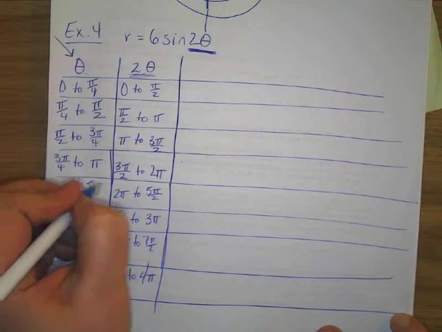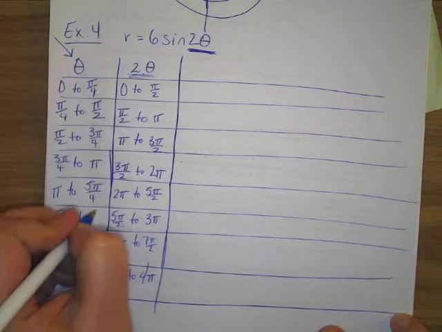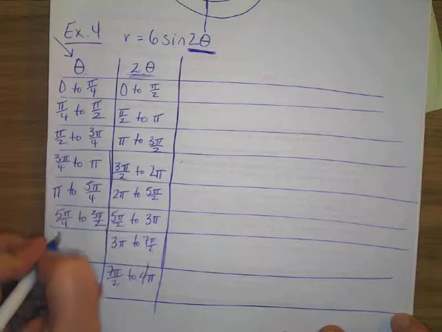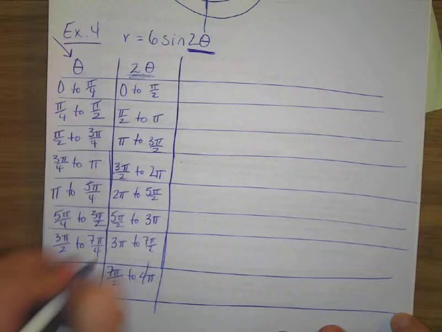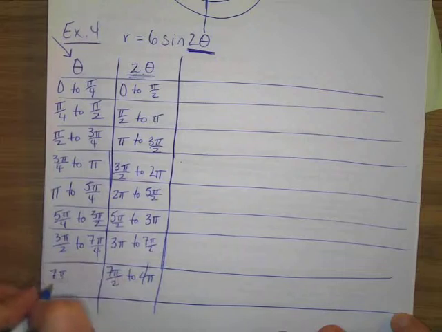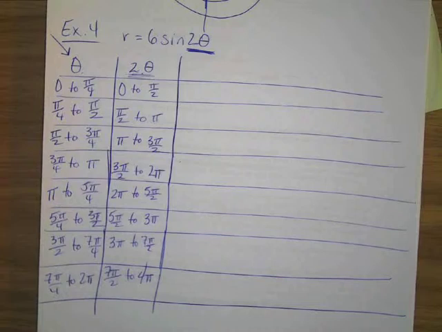And then 5 pi over 4 to 3 pi over 2. So our thetas actually end up doing one full rotation through. But we want what we're taking the trig function of to be our quadrantals.